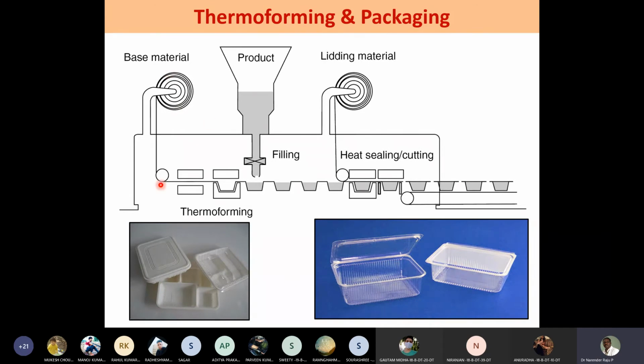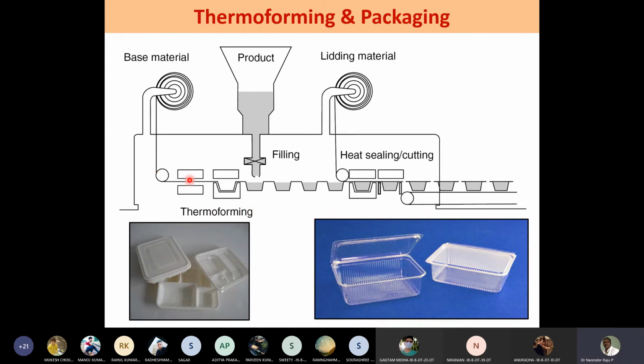Preformed film is brought to near its softening point using thermal heaters and then subjected to positive or negative pressure in a cavity, which is called a thermoforming unit. The name thermoforming comes from formation of a shape in presence of heat.